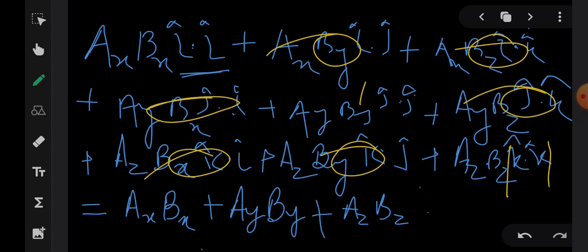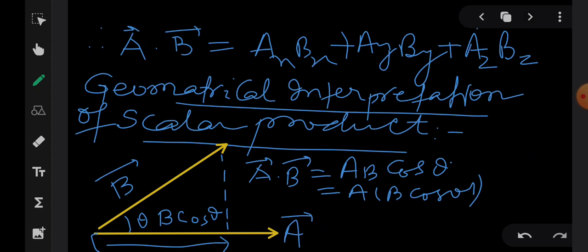So finally we get ax bx plus ay by plus az bz. So when vectors are given in component form, their dot product is given as ax bx plus ay by plus az bz.